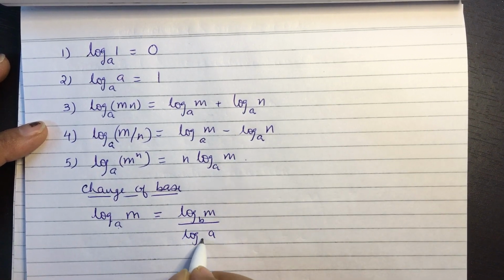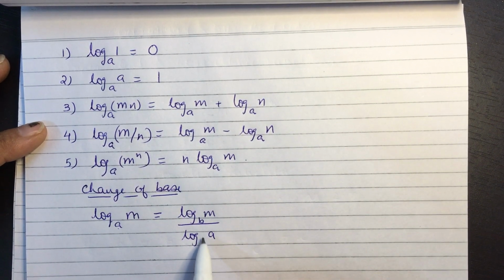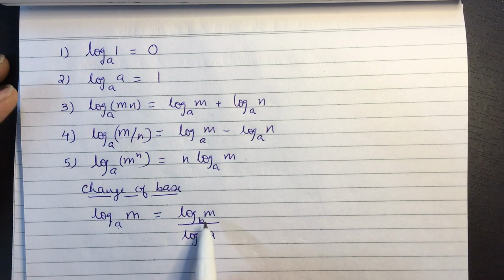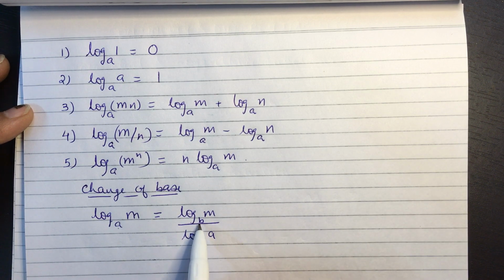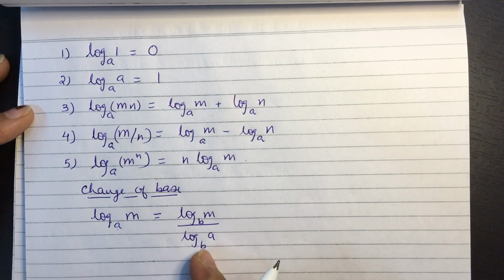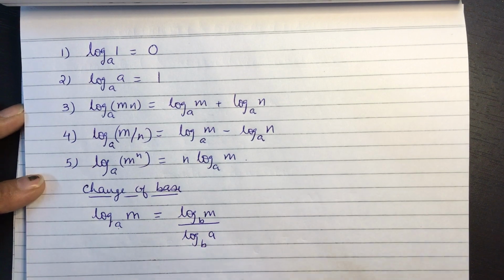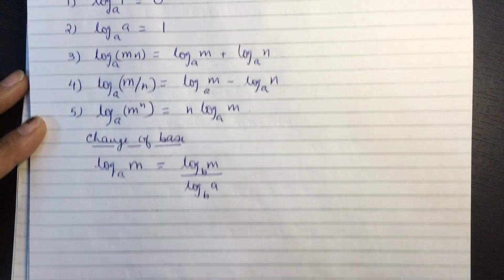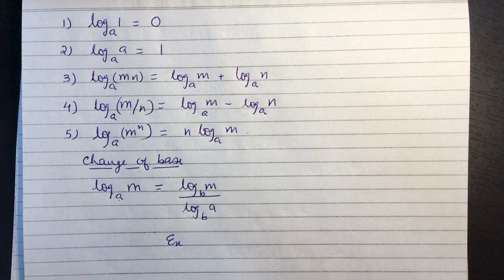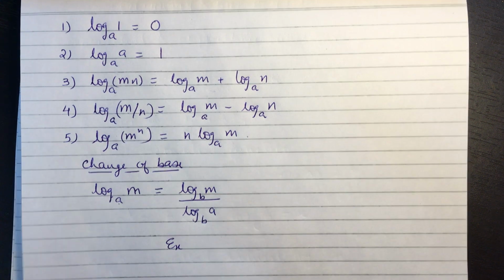So this is something constant and here we have managed to change the base. So log of m to the base b is equal to log of m to the base a, and this goes here into log of a to the base b. So using these results, let us now start with the next exercise, which is exercise 5.4.